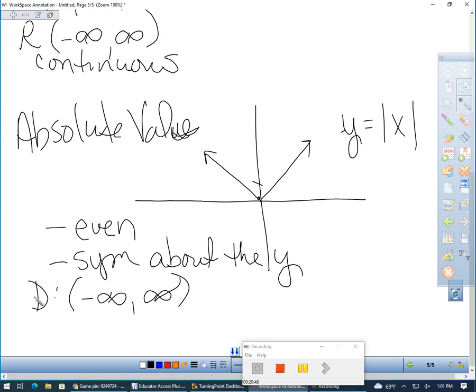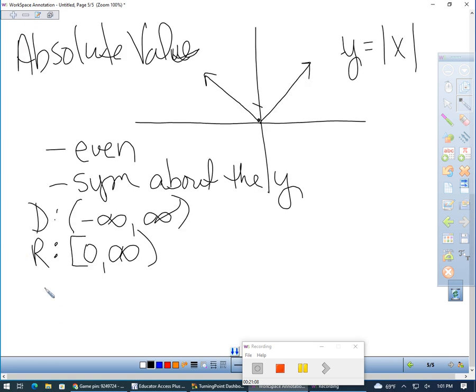Okay. Talk about the range. The range is your y values. So the range could be bracket 0 to infinity. Is this continuous or discontinuous? Continuous. All right, let me add one more thing because you guys are so awesome.